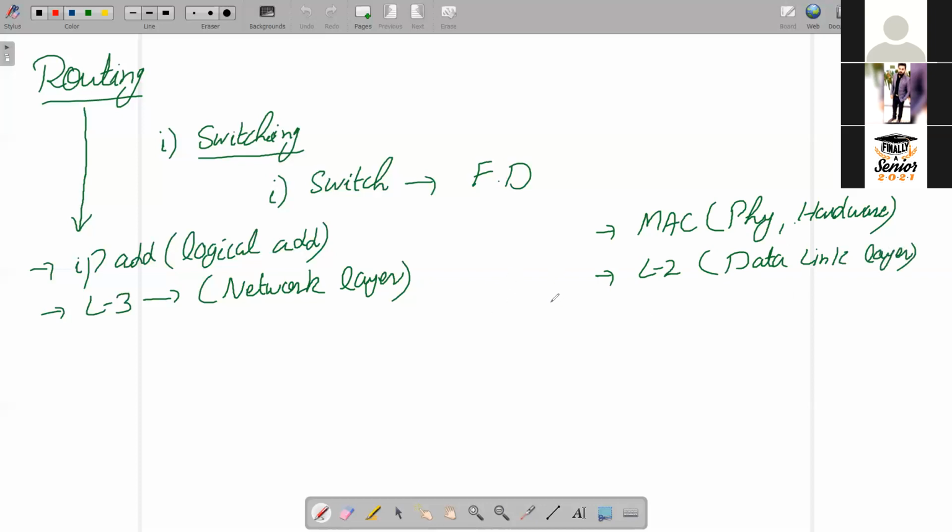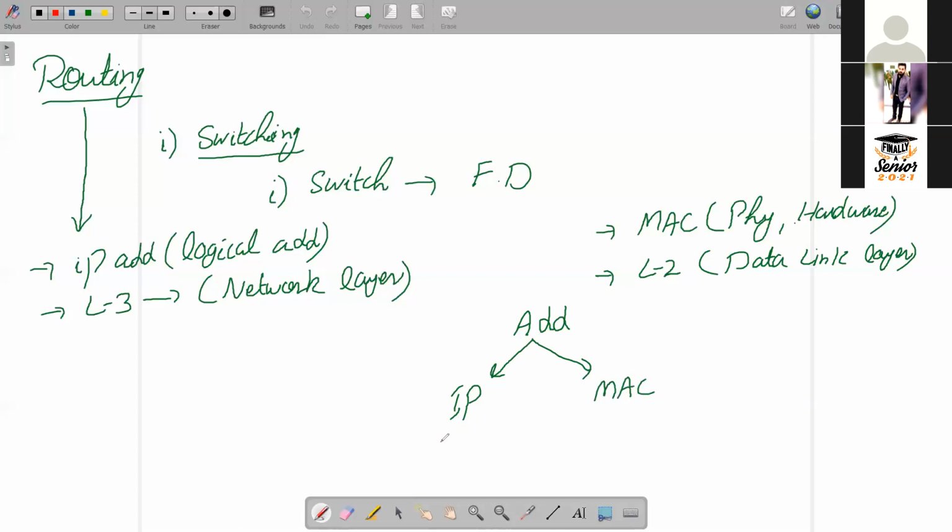So normally in networking, we have two kinds of addresses. One is IP addresses and the other is MAC addresses.